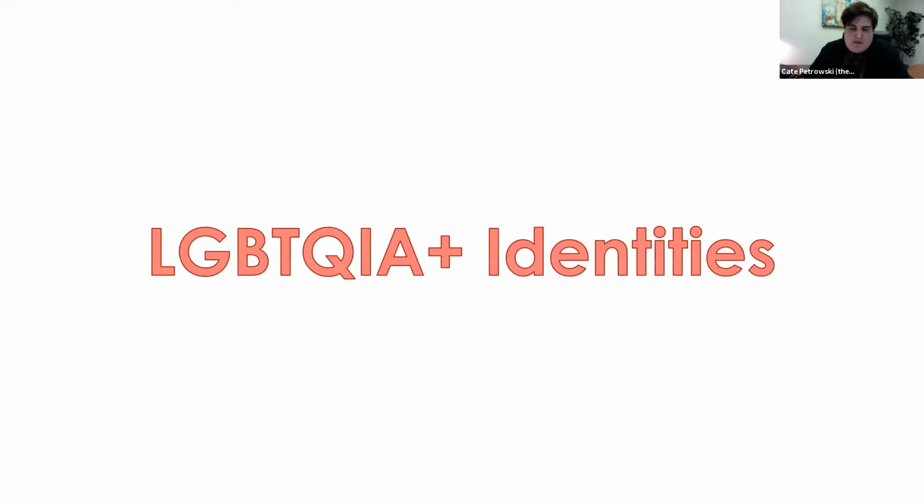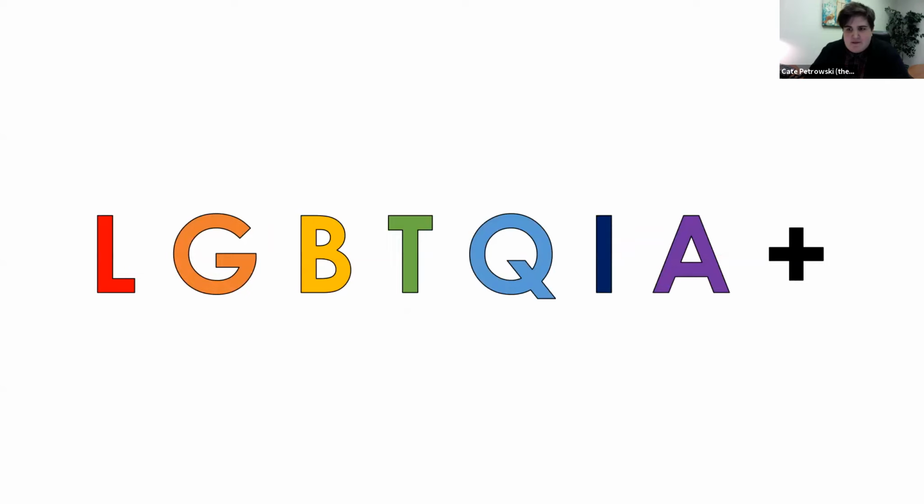So as I said, we'll start by talking about some terms and definitions, just the basics of LGBTQIA+ identities. I want to go over what each of the letters in the acronym means, just in case there's anybody who's not familiar with that.